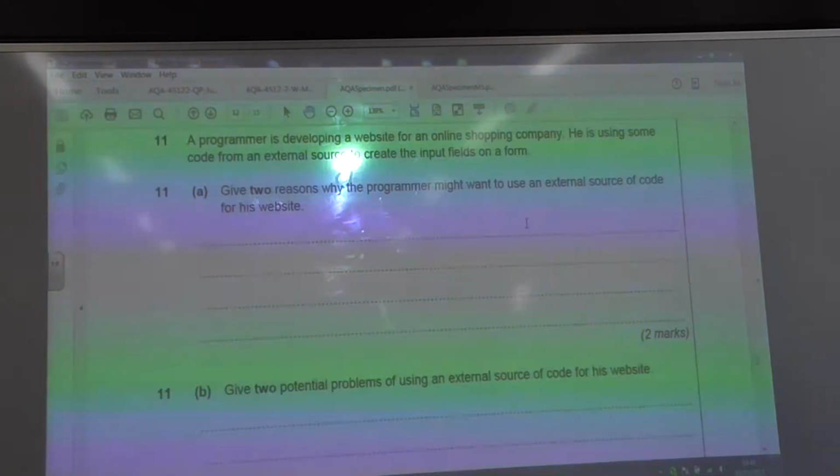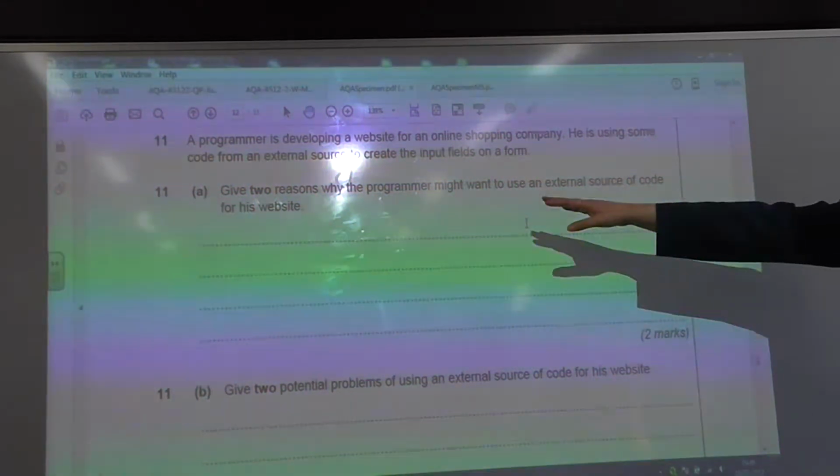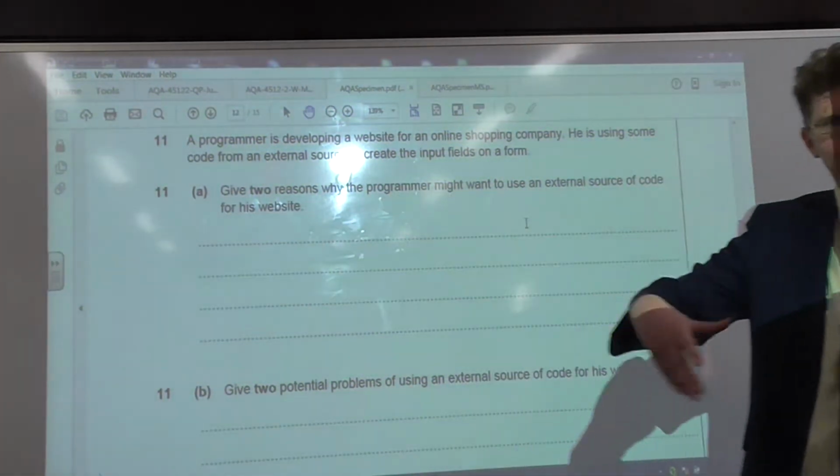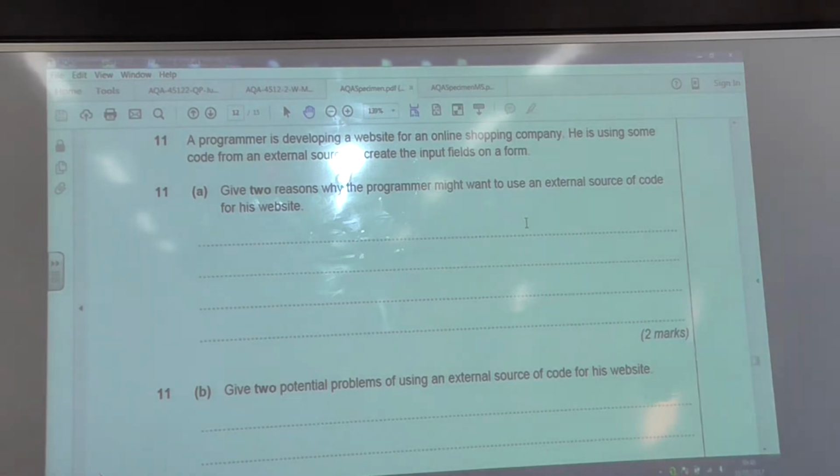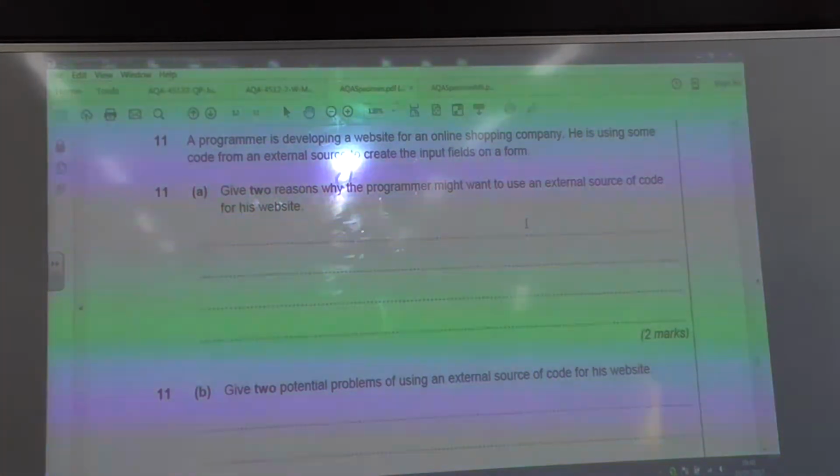Anything else? It could just help the programmer. He or she or they might be better than you, or they might have a skill that you don't have. So they might have a greater capability in a particular area to code something. Okay, so you've done well on that.